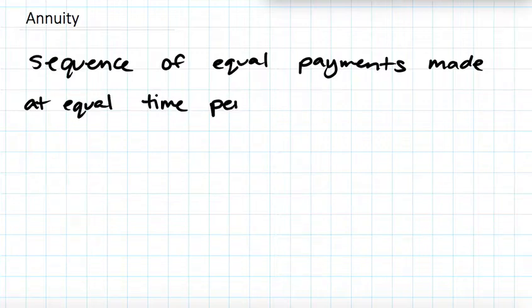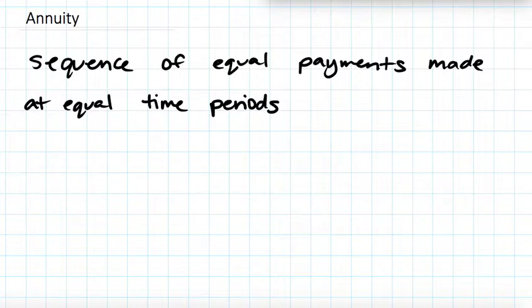Unlike the compound interest problems where we were just putting a lump sum of money into the savings account and then not putting any more money in after that, with annuities we're assuming that we're putting in a consistent amount every month or every year.